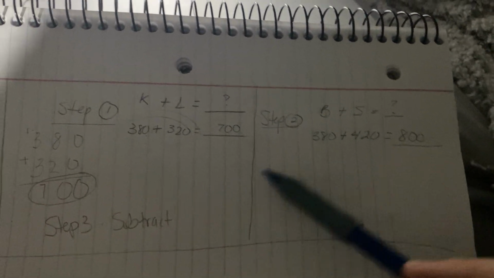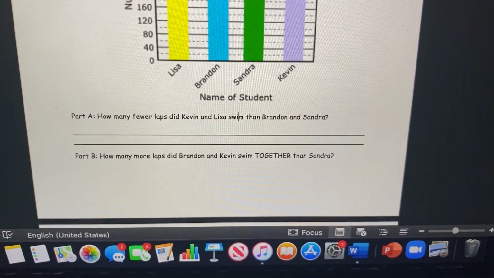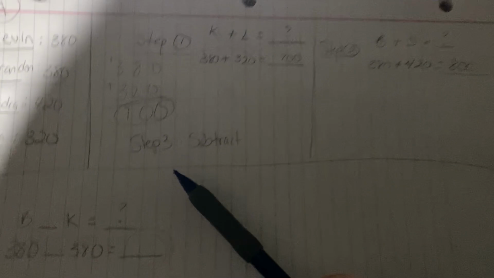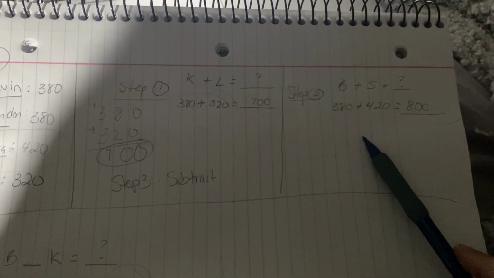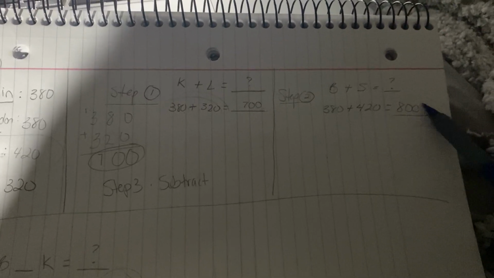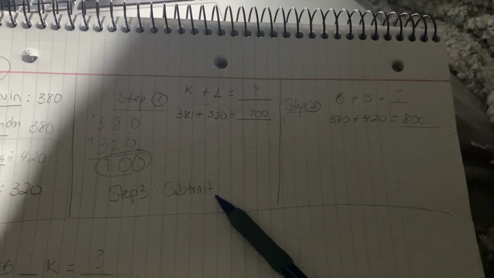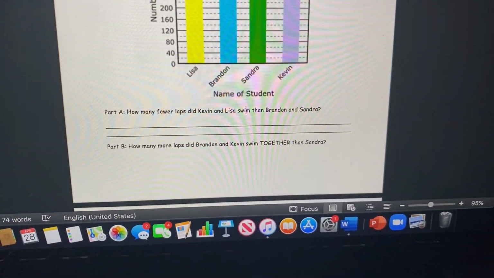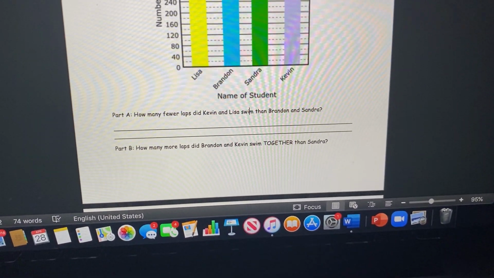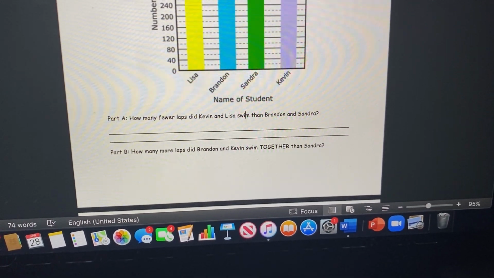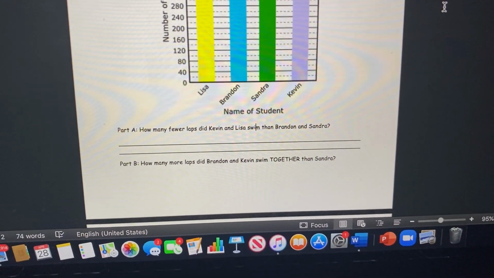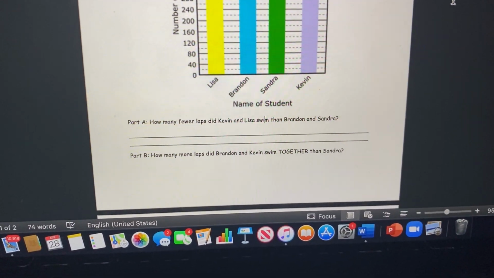And now the last step, because it's asking us how many fewer laps did Kevin and Lisa swim than Brandon and Sandra, what you guys have to do is subtract this number from this number. And then that's your answer. And the way you are going to word it is you have to reword your question. So you'll say Kevin and Lisa swam blank fewer laps than Brandon and Sandra. And that's how you would say it for part A.